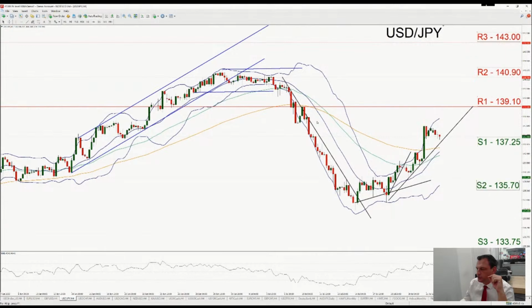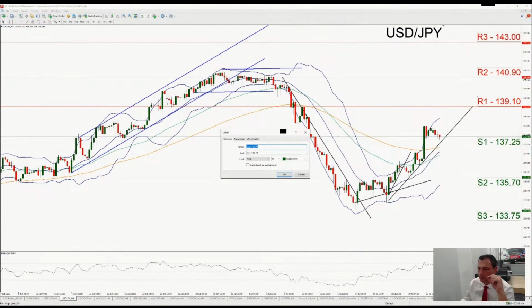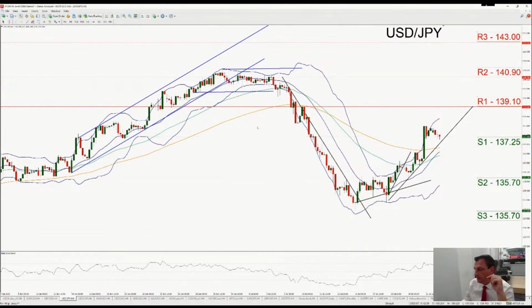It's going to be interesting on a fundamental level how the BOJ will be delivering its interest rate decision. Especially, okay, there's no question on whether it will be hiking rates or not. In my opinion, that's already locked in by the market, that it will remain on hold at 0.10%.